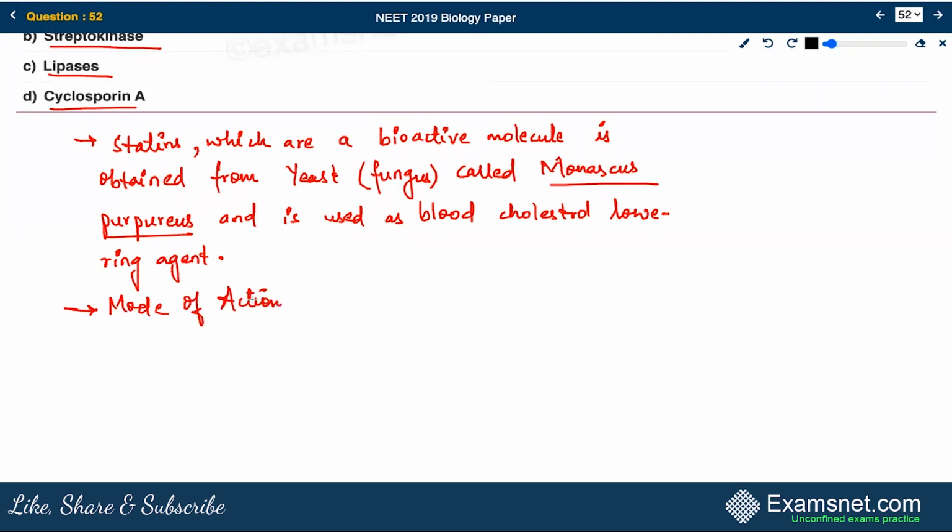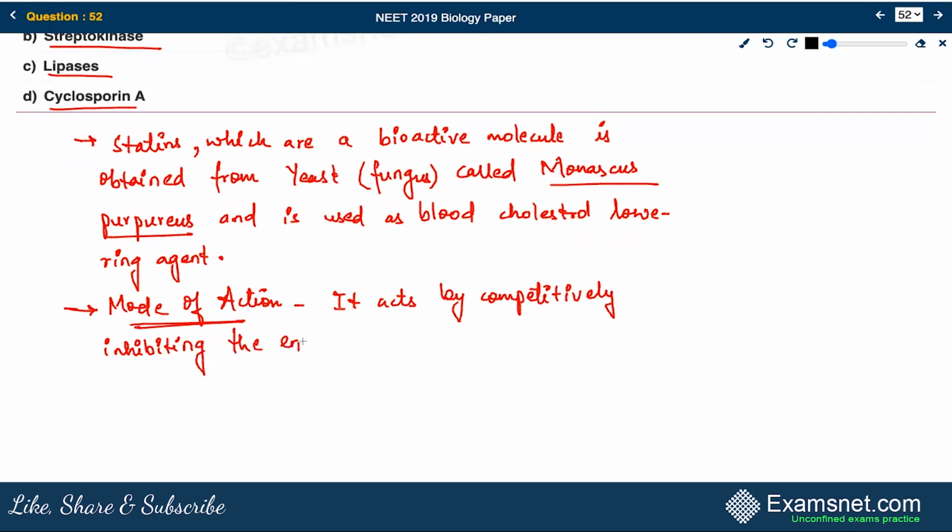So the mode of action is, it acts by competitively inhibiting the enzyme responsible for synthesis of cholesterol.